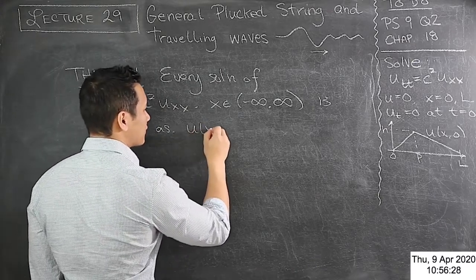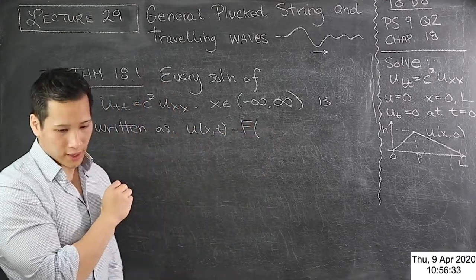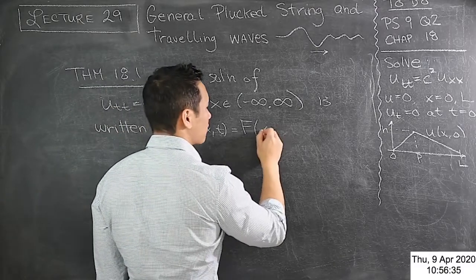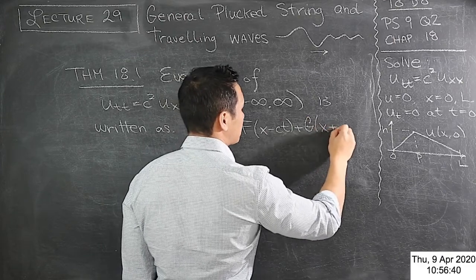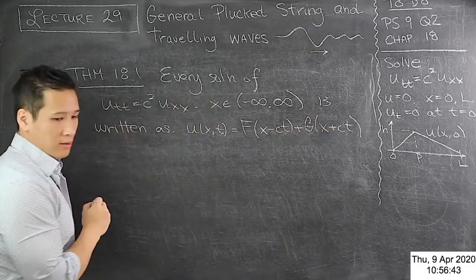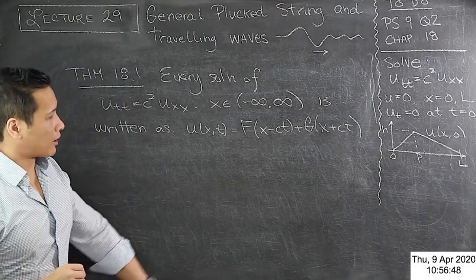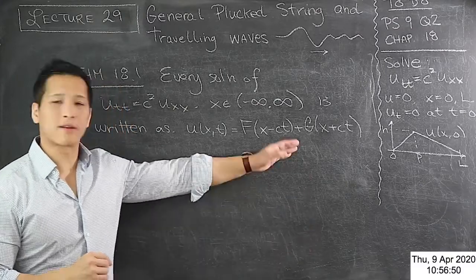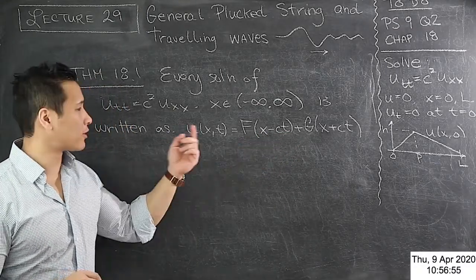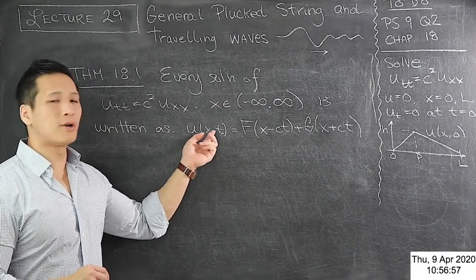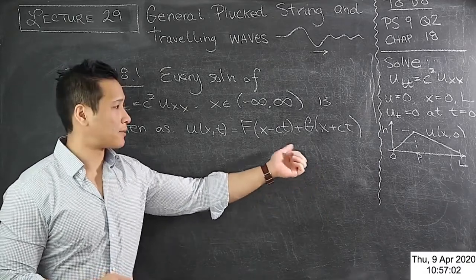And so u of x,t is equal to capital F of x minus ct plus capital G of x plus ct. Okay. Now, this is a bit funny. You might never have seen this kind of formulation where you have two independent variables, an x and a t, and they're combined in funny combinations, x minus ct, x plus ct.